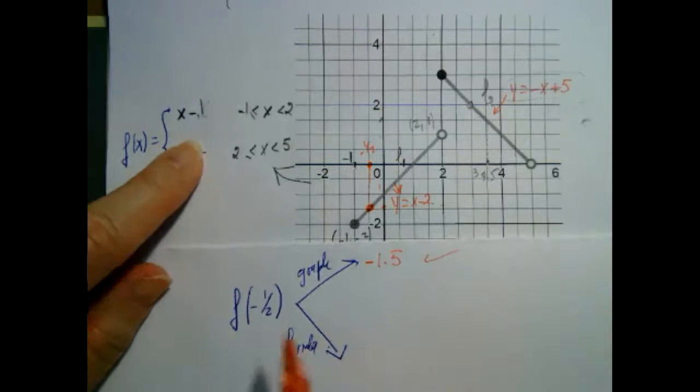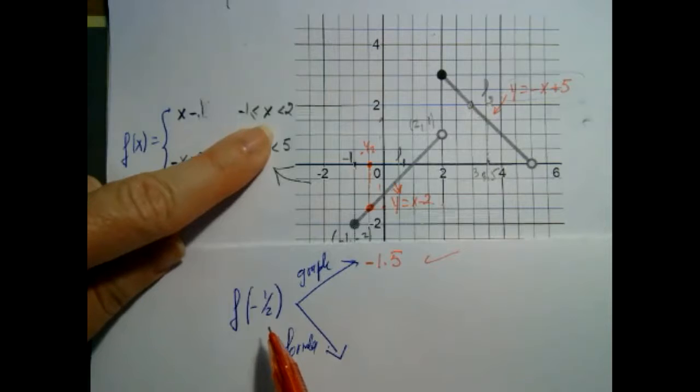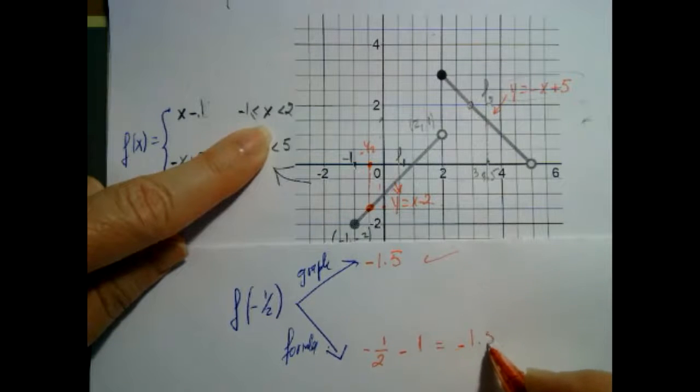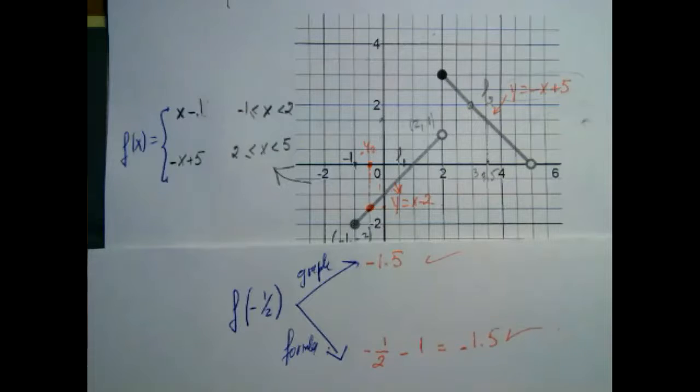I go back. Okay. If x is minus a half, that's the formula I need to use. So according to the formula, it's minus a half minus 1. Minus a half minus 1 is 1.5. It means they agree. The graph and the formula have to agree, or we're doing something not right.